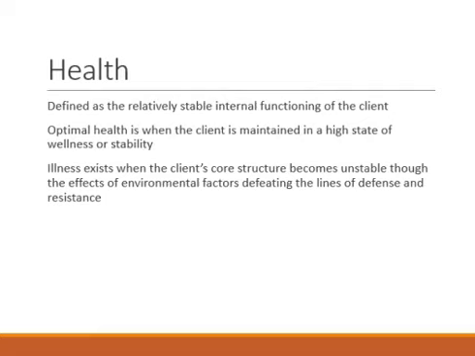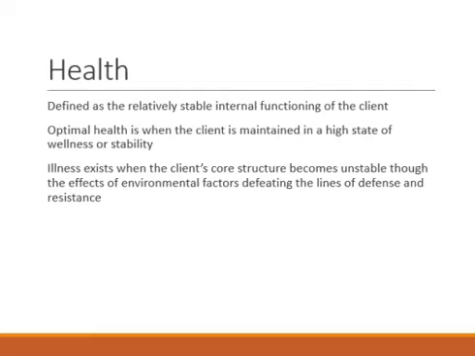So, health in the Newman model is defined as the relatively stable internal functioning of the client. So, optimal health exists when the client is maintained in a high state of wellness or stability. In other nursing models, health is not really considered an absolute state, but rather a continuum that reflects the client's internal stability while moving from wellness to illness and back.